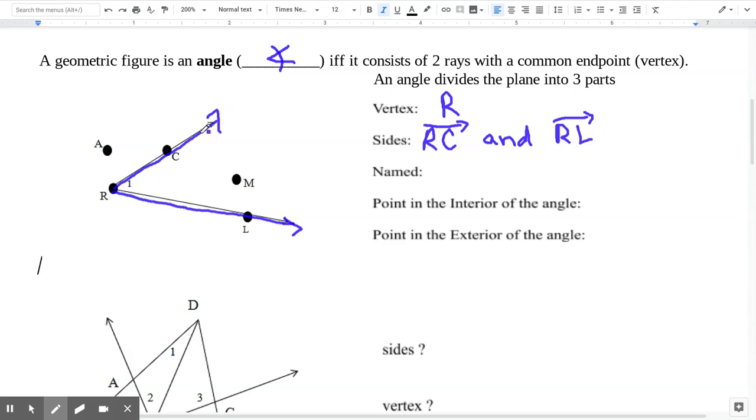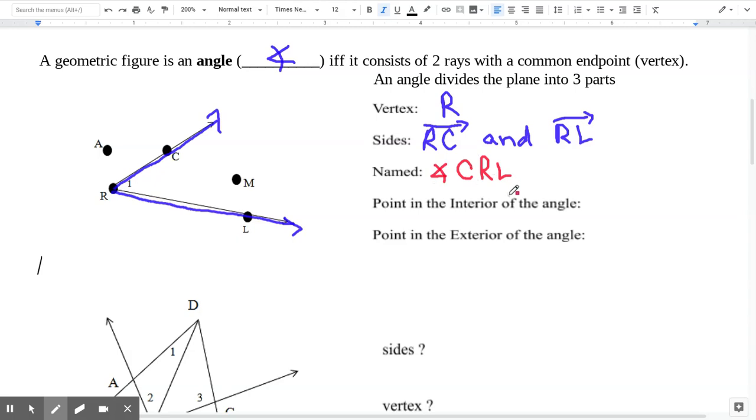So you notice with this angle that I've shown with these blue rays, if I start at this point here, C, and I trace along the line to the corner, the vertex, and over across the other side, I'd be tracing from C to R to L. So when I talk about angle CRL, that would be the angle that gets traced by starting at C, going to R, and then through L afterwards. So that is one way we can name this angle. So we'll just put the angle symbol down and put CRL afterwards.